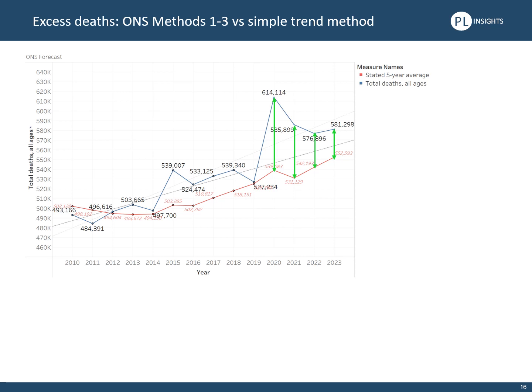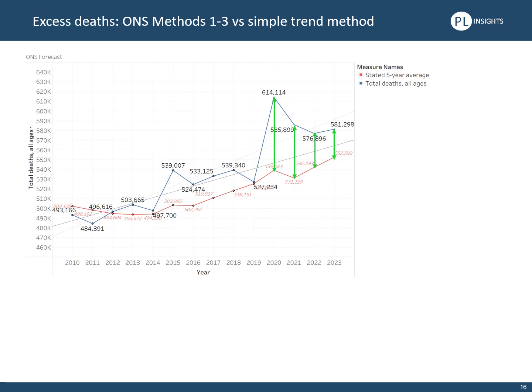On this chart, I've now added the red line, which is the ONS methods for predicting deaths. So what did they think the expected deaths should be in each of those years? Method 1 up to 2020, method 2 in 2021, and method 3 in 2022 and 2023. What we can see is that the green lines have now grown compared to what they were before.